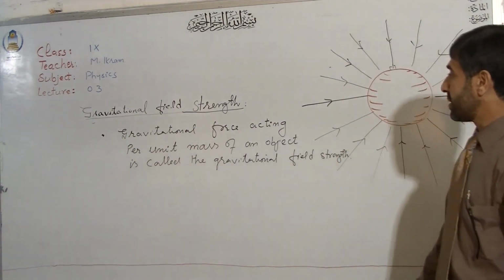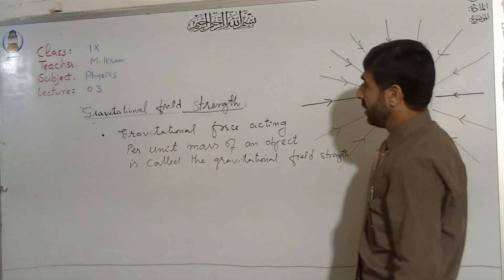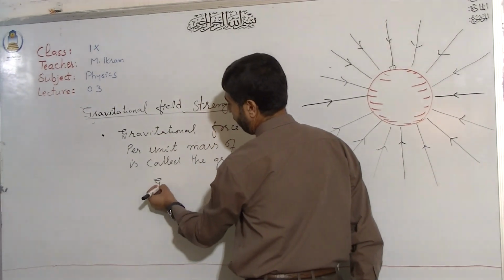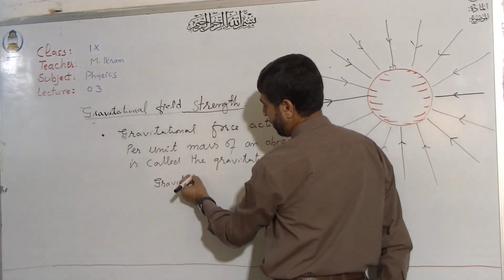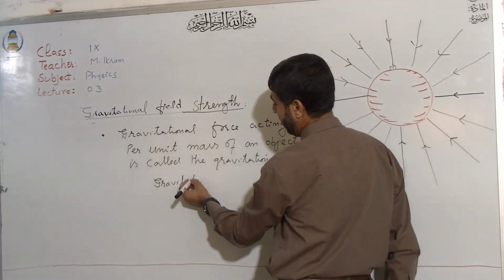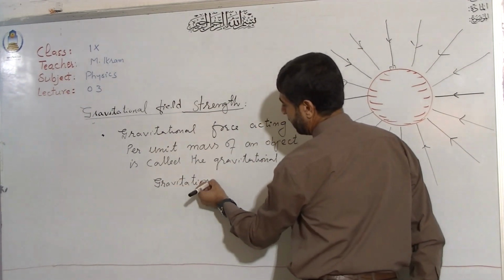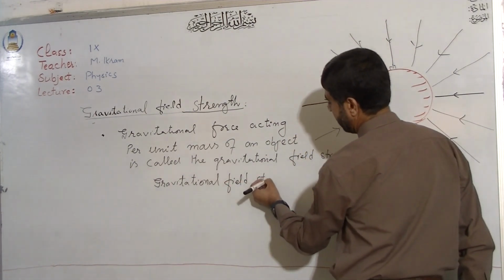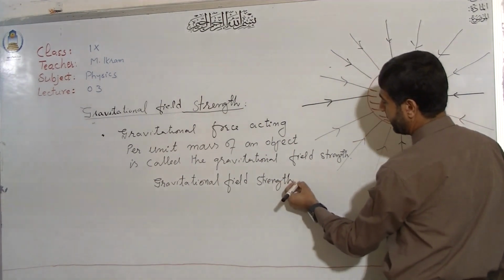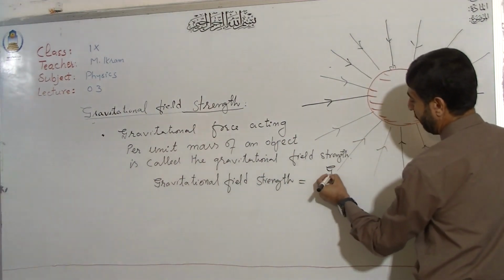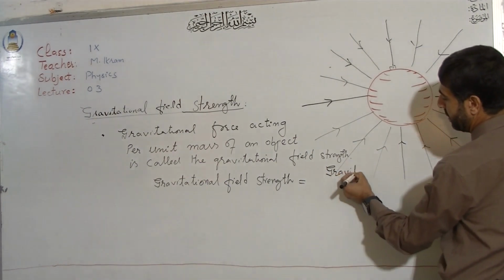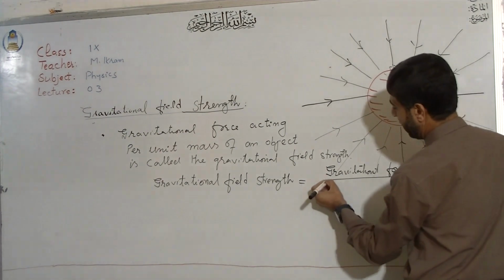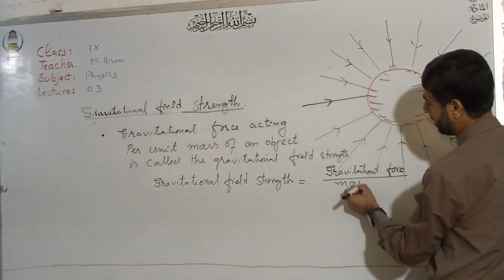Mathematically, the gravitational field strength is equal to the gravitational force per unit mass of an object.